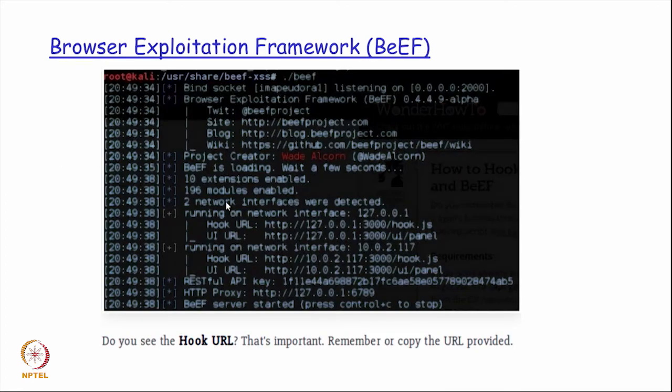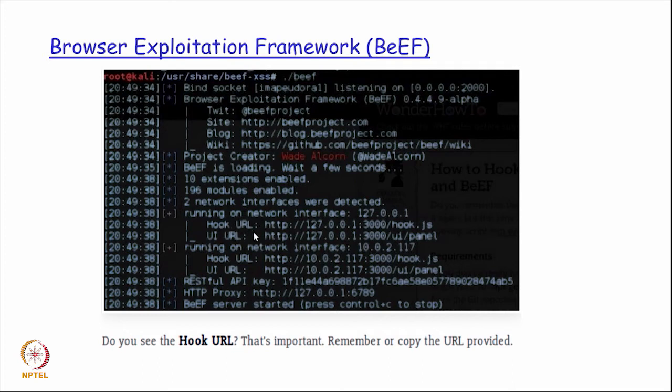When you start it, you could potentially get an output like this. It tells you different kinds of log messages, like what port it is listening on and what has started, and very importantly it gives URL information, mentioned as a hook URL.